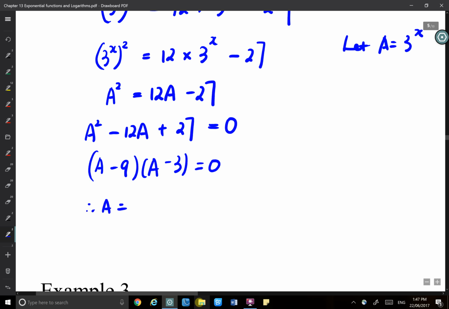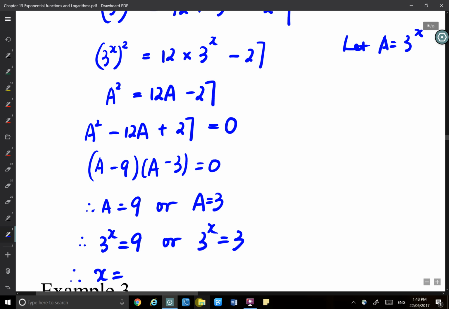Therefore, a will be 9 or a will be 3. But what is a? So 3 to the power of x will be 9 or 3 to the power of x will be 3. So x will be 2 or x will be 1 in this case.